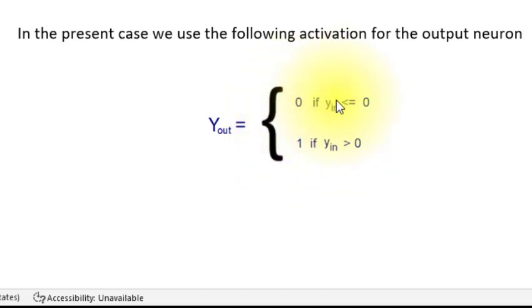If the net input is less than or equal to 0, where 0 is the threshold value of the neural network, that means y in is less than or equal to the threshold, then the output of the neural network will be 0. If y in is greater than 0, the output is 1. That means the binary activation function only generates two output values, either 0 or 1.